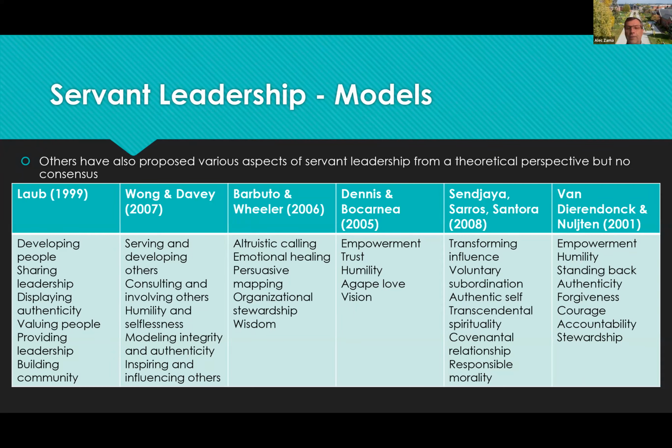And Barbuto and Wheeler in 2006 talked about altruistic calling, emotional healing, persuasive mapping, organizational stewardship, and wisdom. So each of them has common elements across them, but then some differences.